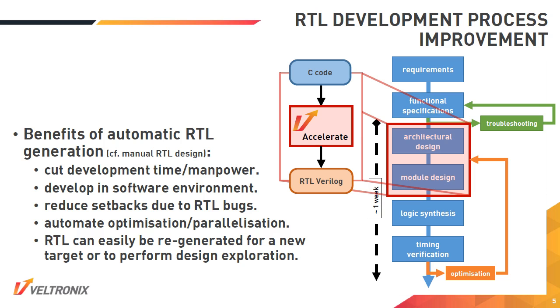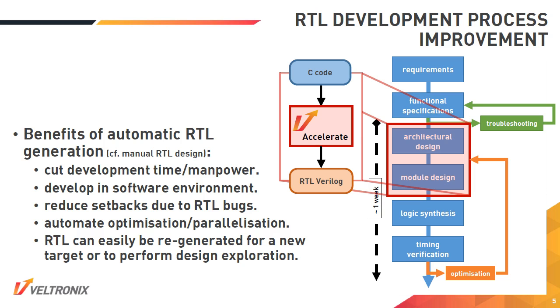Accelerate can also improve upon existing RTL development processes that involve manual RTL accelerator design. The diagram on the right illustrates a typical RTL development process. A functional specification is derived from the requirements of an application. The functional specification may be C code, or it may be in some other format.